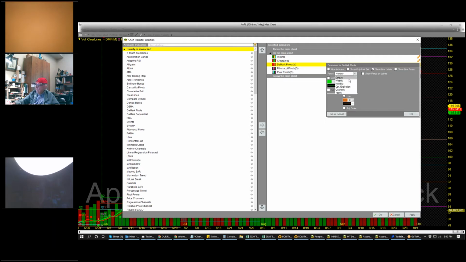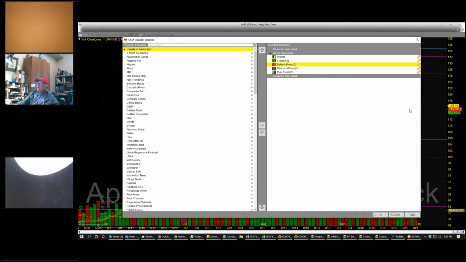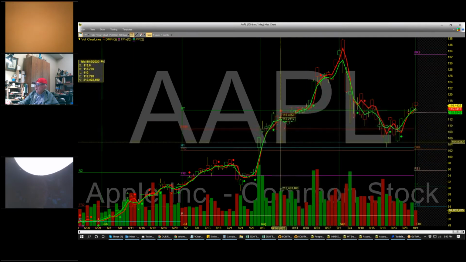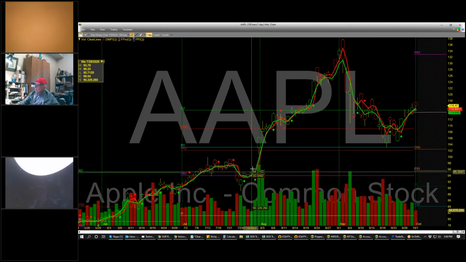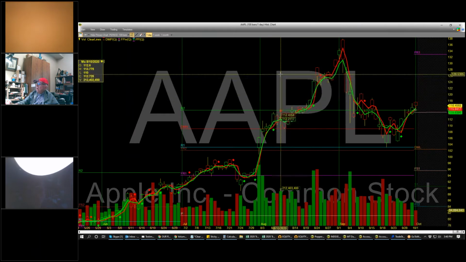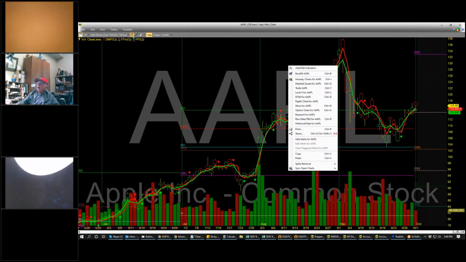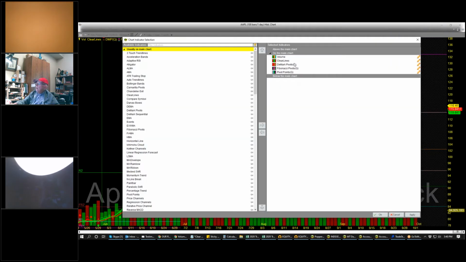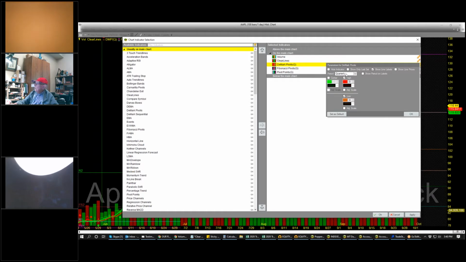I'm not much of a swing trader, but I'm going to say that for swing trading, your best bet's going to be using those monthly pivots.